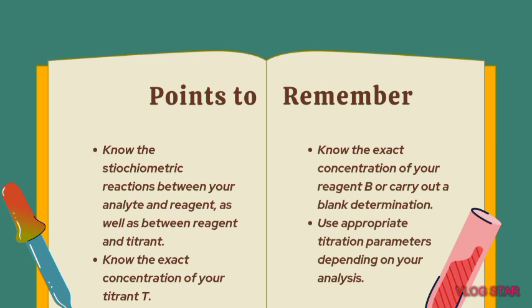First, know the stoichiometric reactions between your analyte and reagent B, as well as between reagent B and titrant C. Know the exact concentration of your titrant C. Know the exact concentration of reagent B or carry out a blank determination. And lastly, use appropriate titration parameters depending on your analysis.